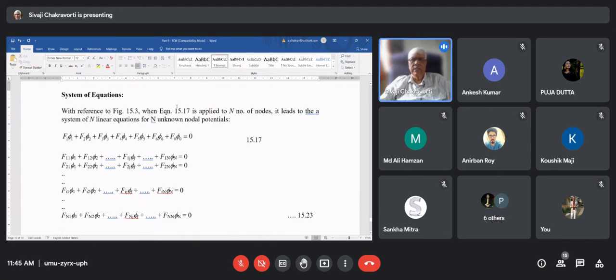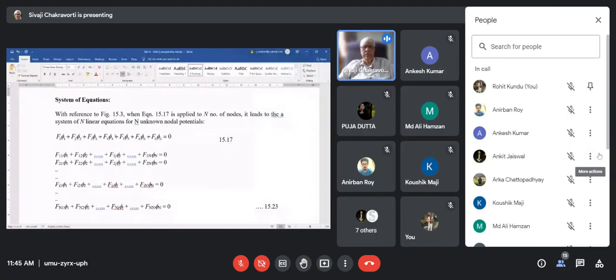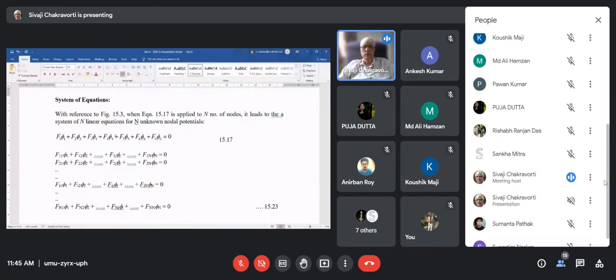This is what we are discussing. Now, as you can clearly see from those two examples I have given, the same equation is applied to the different nodes. In the two problems, we have 2 nodes where we have written the equation. But in an actual problem, it could be n number of unknown node potentials, where n could be pretty high.